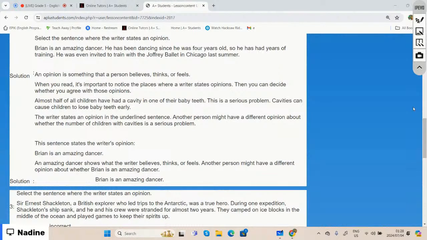Maybe somebody else sees how he dances and thinks to themselves, I don't think this one can dance. But the writer thinks or believes or feels that Brian is an amazing dancer. And remember, another person might feel different about Brian, but that is the opinion of the writer.